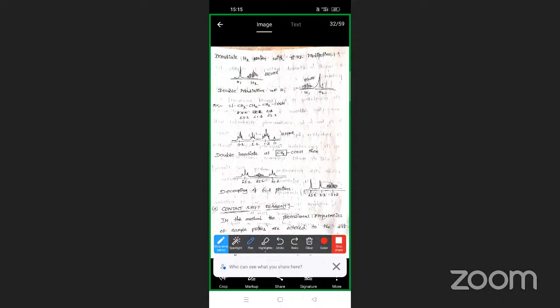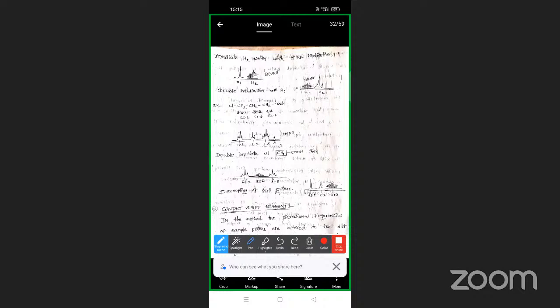Same thing, if you double irradiate your H1 proton, then you will get the signal for the H2 proton with increased intensity, and the H1 proton is obtained as a blur, with no signal. This technique is used when the spectra is not clear.